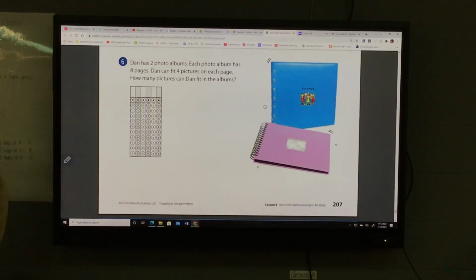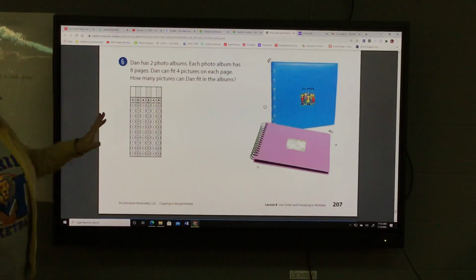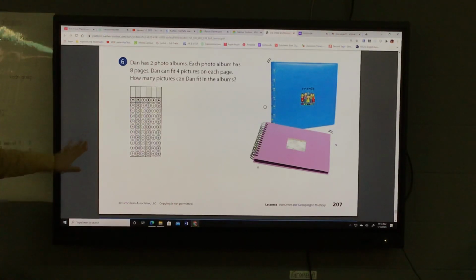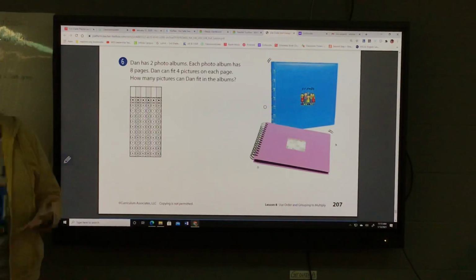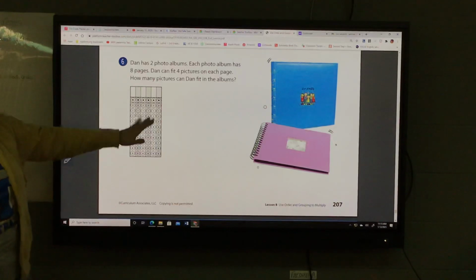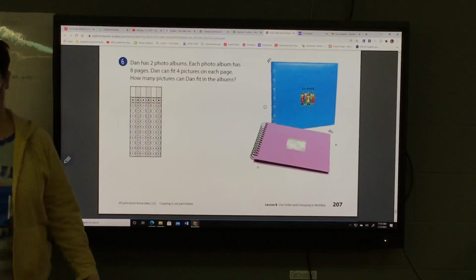All right, looking at 6, it looks a little different than things that we've done before, right? So here's how this is going to work. We'll do this one kind of together because it's so different over here, all right?